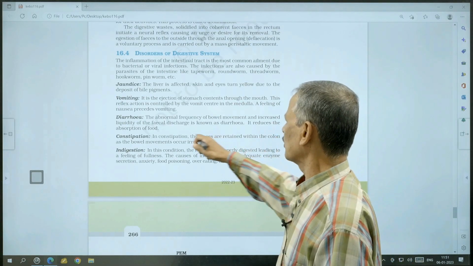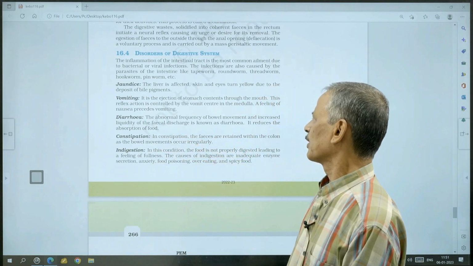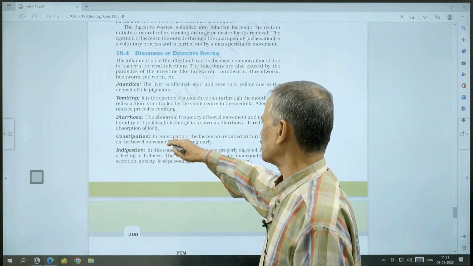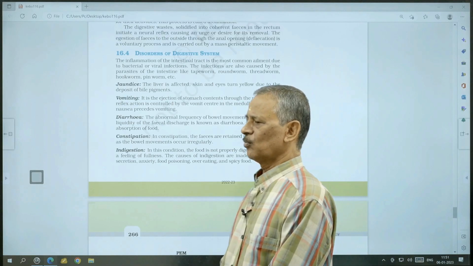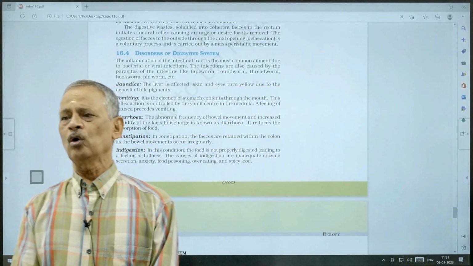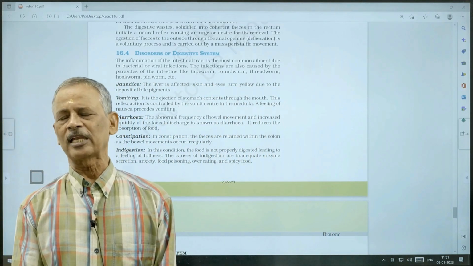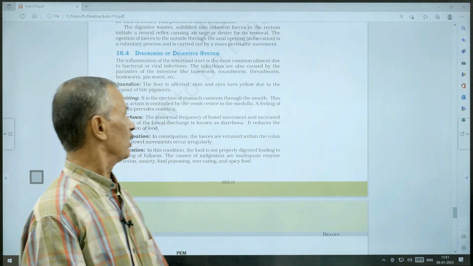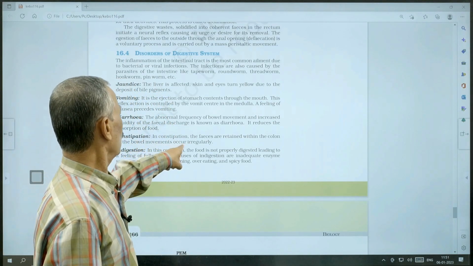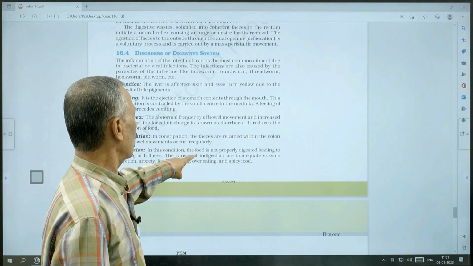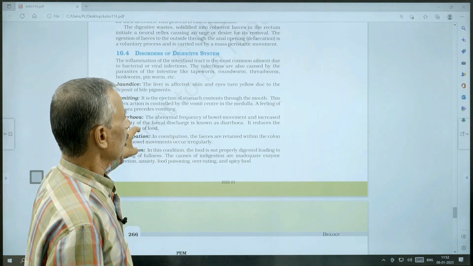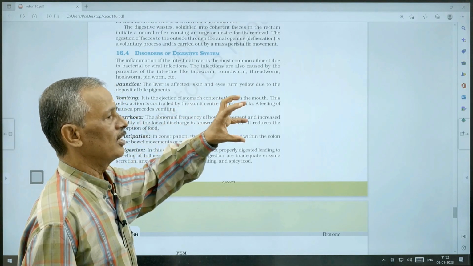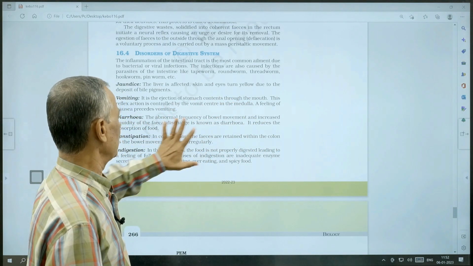So it reduces the absorption of food. The opposite is constipation. The feces are retained within the colon for a longer time than normal, so more water is absorbed, which leads to hardening of the feces. Bowel movement occurs irregularly. That's the main reason why we are not sending out feces at the required regular periods.